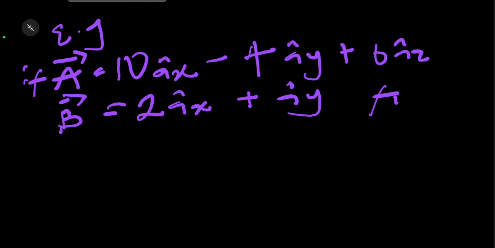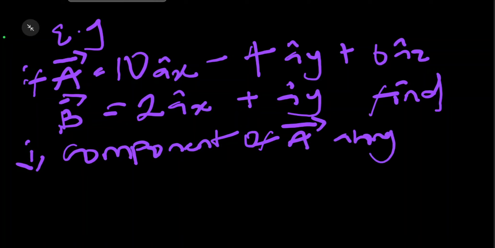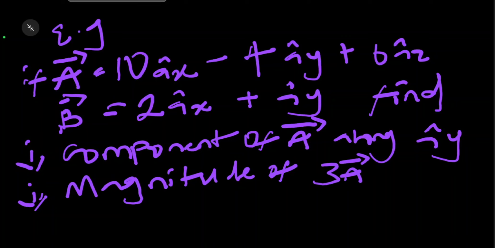We're asked to find the components of A along the unit vector, and we're asked to find the magnitude of 3 times the first vector minus the second vector.